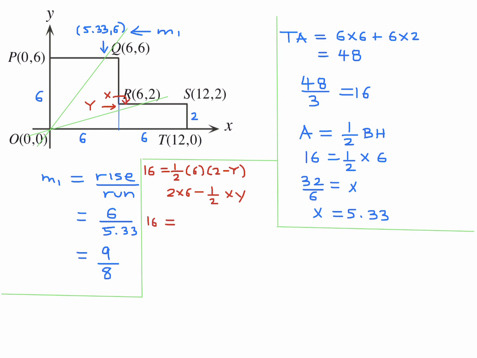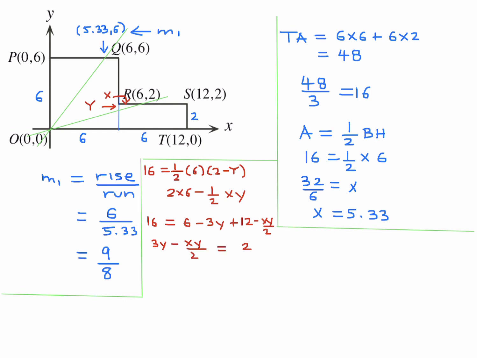So this gives me 6 minus 3y plus 12 minus xy over 2. And then putting everything on one side, we get 18 here. And then minus 16, so we get 2. And then 3y minus xy over 2.